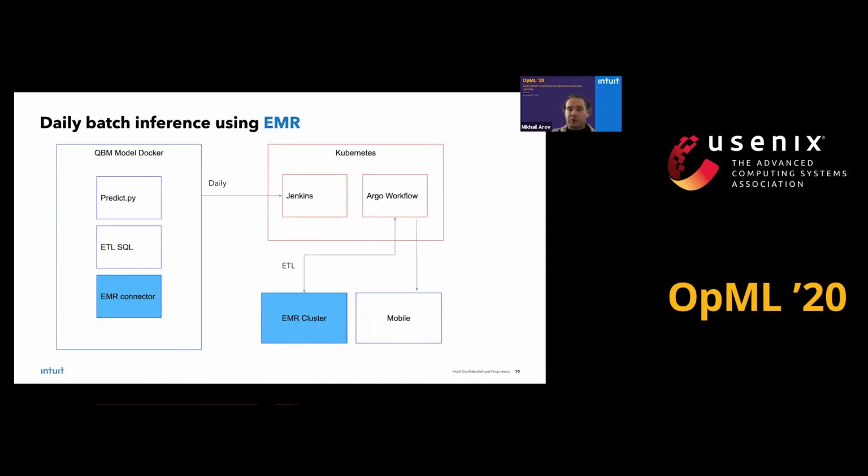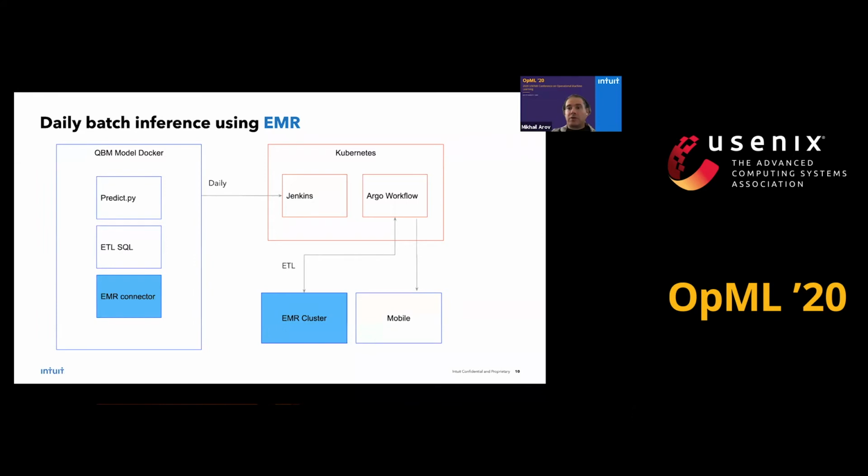The previous version of this model ran in Kubernetes for scalability, operations, and service availability, but it used an EMR cluster to do feature engineering and ETL. For that purpose, the model Docker, besides the actual XGBoost inference code, had to include special connector libraries and setup to communicate and run jobs on EMR.